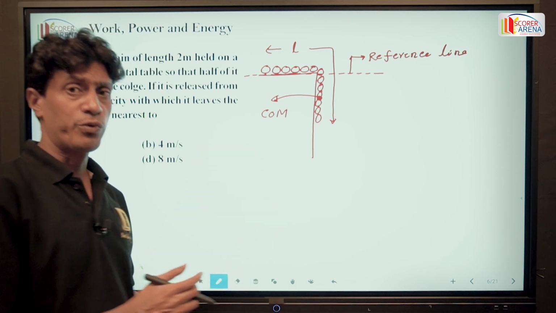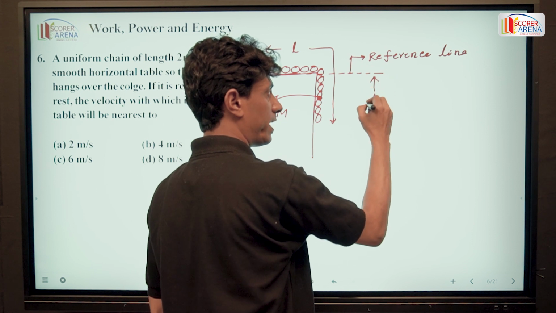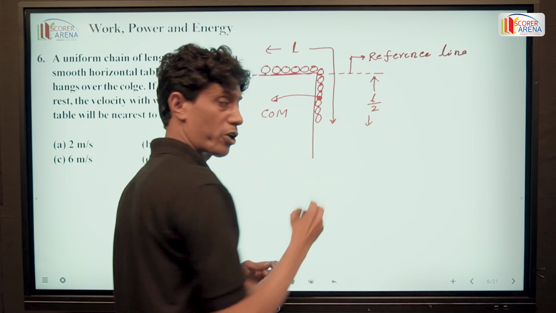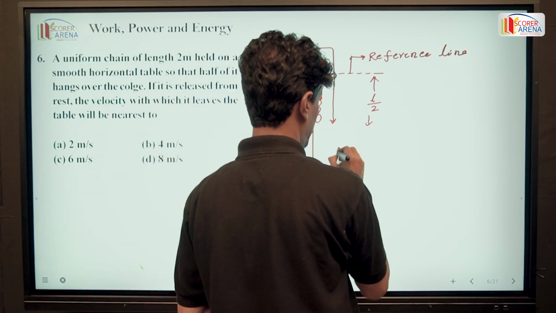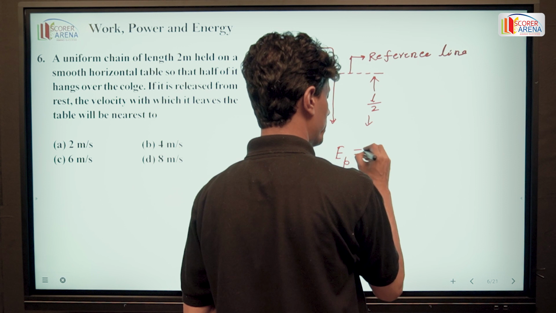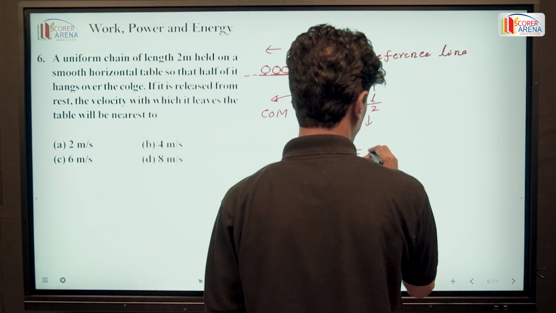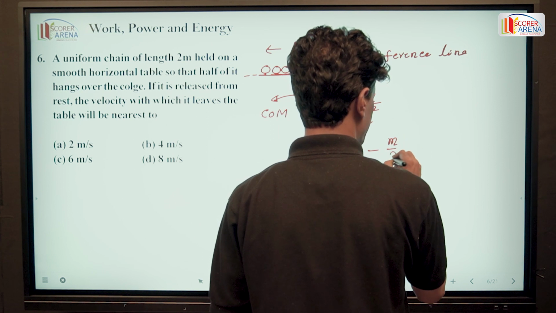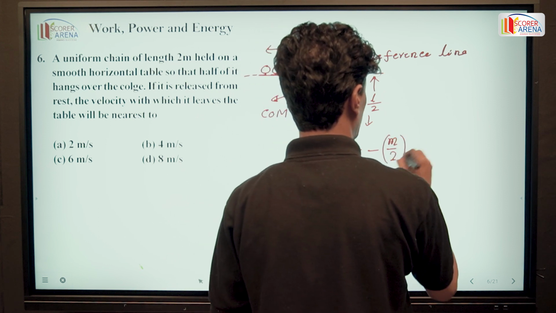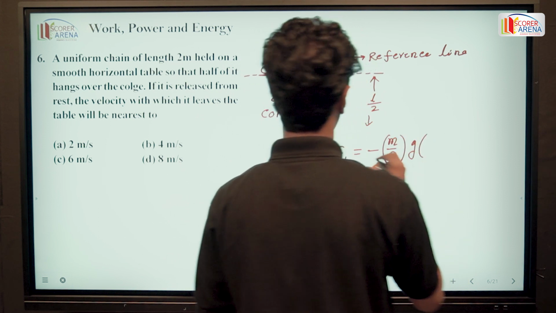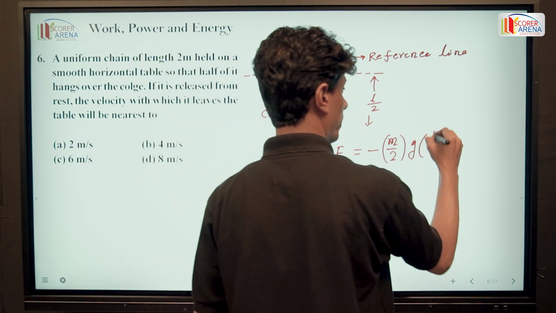Since the chain is uniform and the length hanging over is L by 2, the potential energy of the chain with respect to the reference line is equal to m by 2, that is half of the mass of the chain, m by 2 into g into, from the reference line, the distance of the center of mass, L by 4.